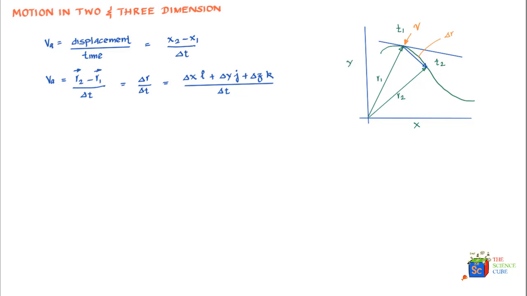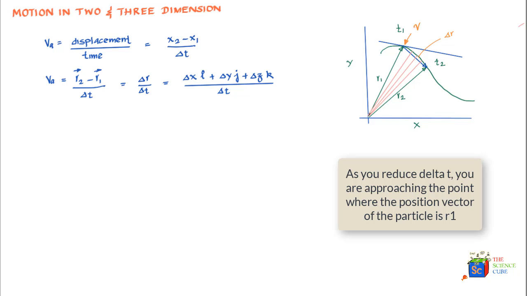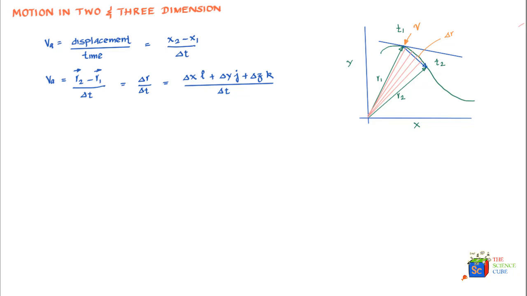And when this happens, what you'll find is that the vector r moves from r2 towards r1, because we're reducing t2 minus t1. So your vector would probably start looking like this. As the difference between t2 and t1 reduces, your position vector will keep moving in this direction till the position vector almost reaches r1.